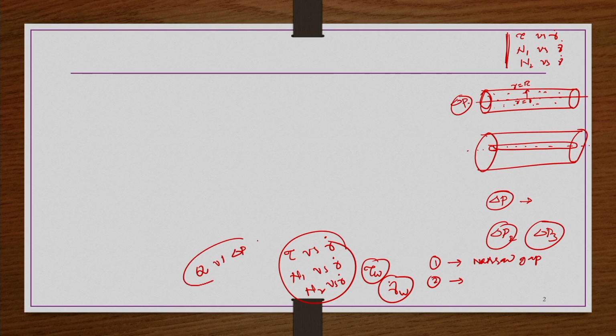Let us say you have flow through a pipe. Then what can you measure? You can measure the volumetric flow rate for a given pressure drop experimentally.